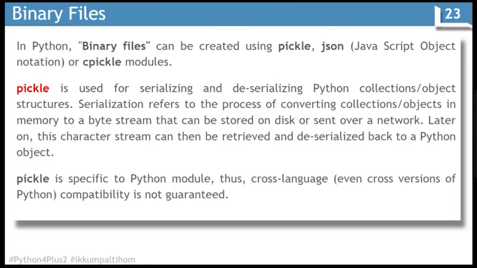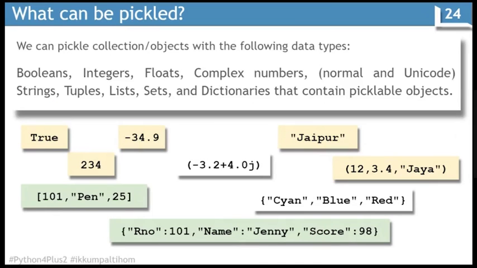So if you have Python 2.7 and you have created a pickled file with the help of 2.7, and you try opening it in 3.8, it may or may not give you the same result.